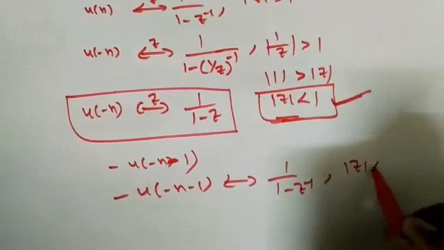So if x of n is real, we have x of z equal to x conjugate of z conjugate. That means suppose I take one pole at something like 1 plus j, right? So this is one pole here. That means the conjugate of this pole will also be in this z plane.